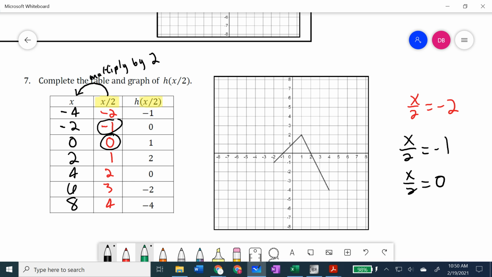We're going to now plot these points. The only way I'm going to not mess up in plotting my points is if I get this column to not be seen.